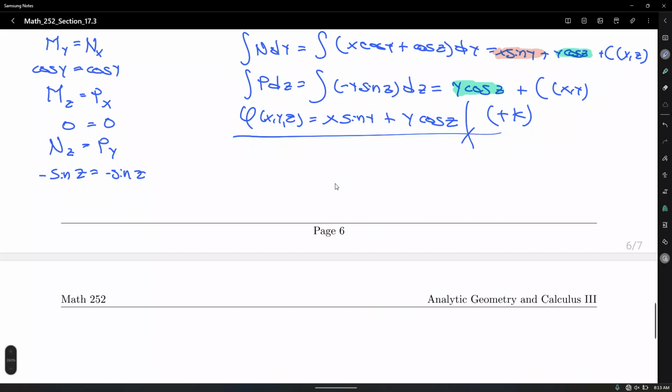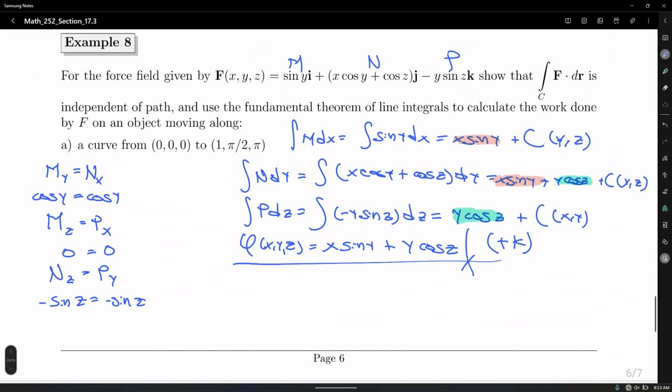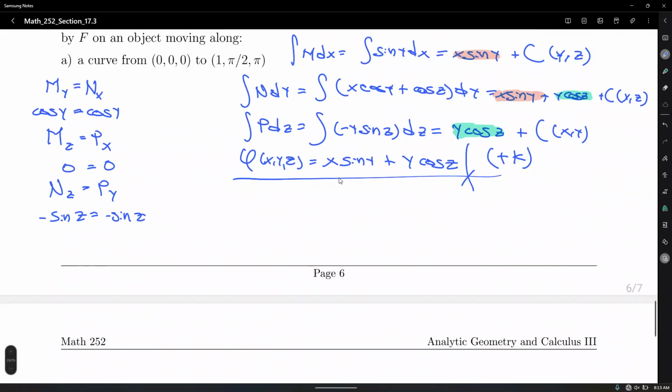Even if you wanted to use the method from 17.2, type 2 line integrals, there's no way, because they're just telling us a curve. They're not telling us which curve. You can make it up, that's fine, because it's independent of the path. But let's just use the fundamental theorem.